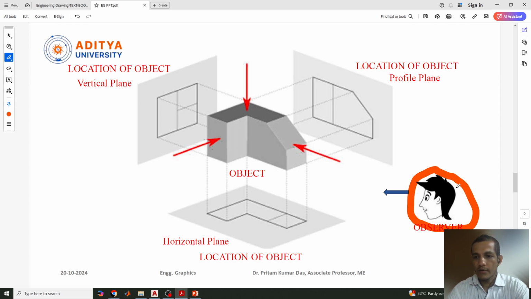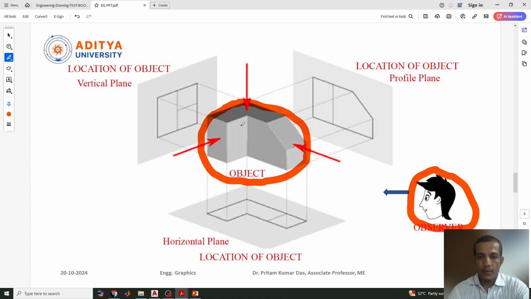The observer is nothing but the person who is visualizing the object. And the object, as I told you, may be anything. It may be a point, a line, a plane, a solid, a machine component, or a building, anything. So the observer is visualizing or viewing the object.